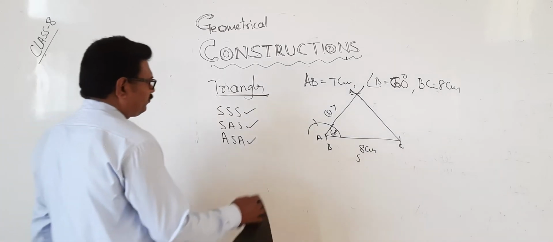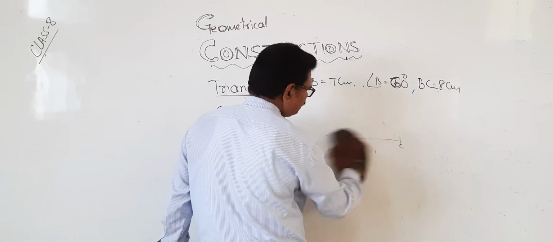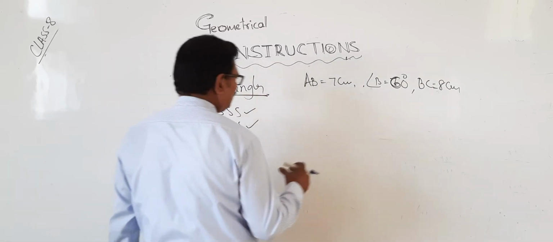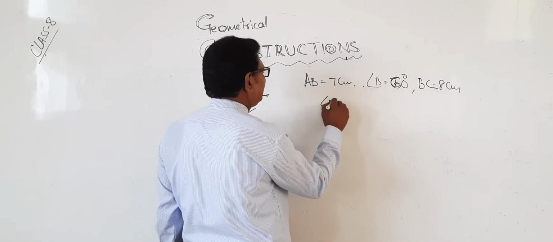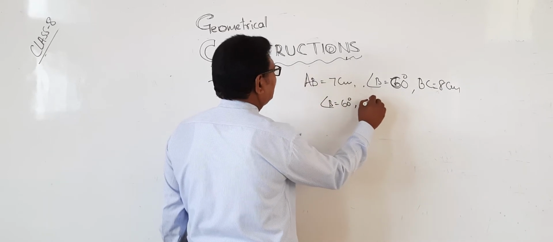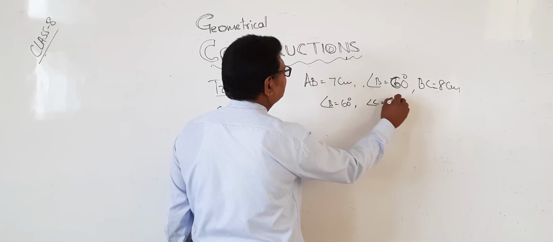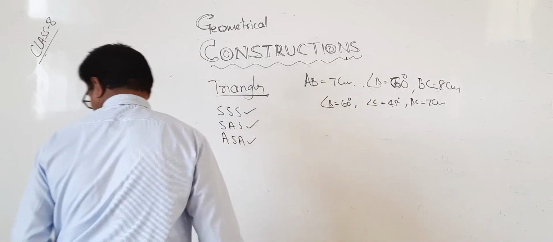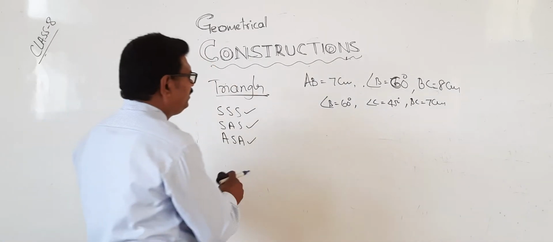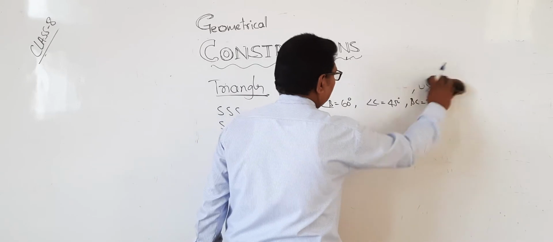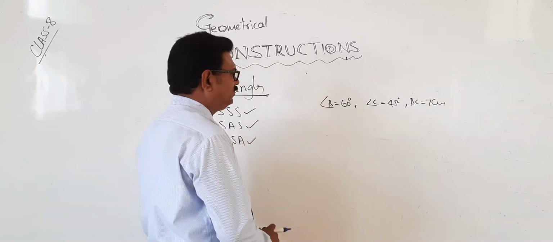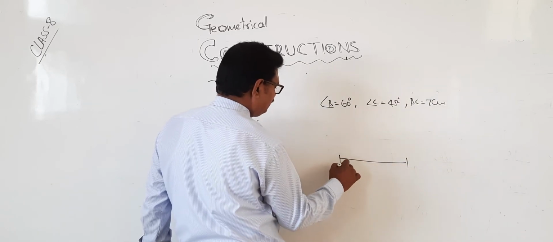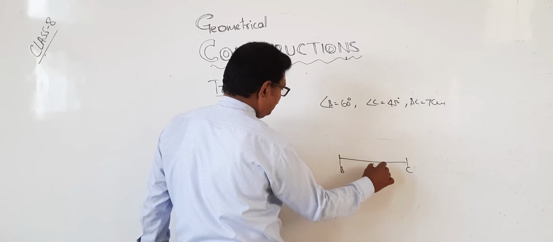Third one. Angle B 60 degrees, angle C 45 degrees, BC equal to 7 centimeters. So very simple. Now only the side BC has been given, 7 centimeters.